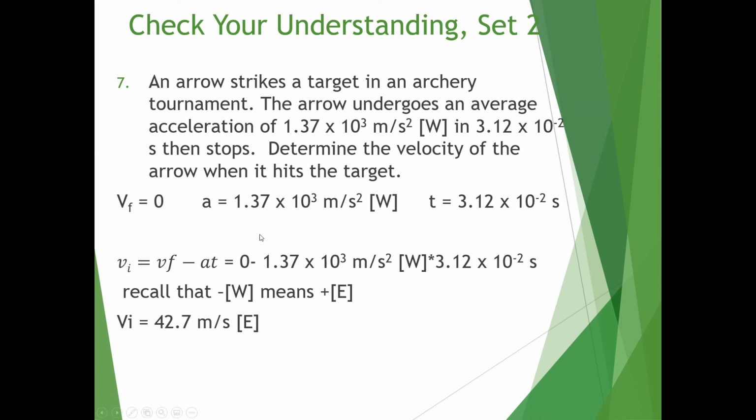Our acceleration is what was given. The time is this really small number. So vi equals vf minus at. Remember that negative west means east. So our initial velocity, once we plug this all in, ends up being 42.7 meters per second east.